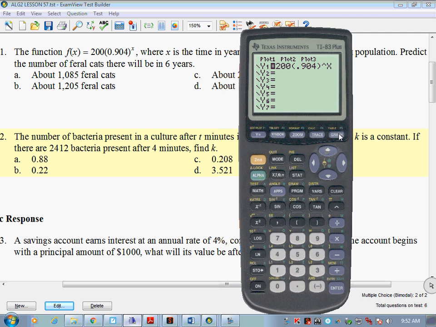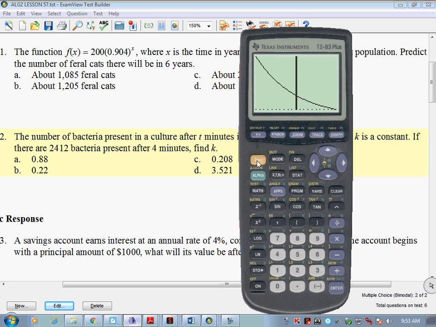And I can hit graph, but due to the size of it, it may not actually show up. Let's see if I can change it to fit so we can actually see it. Sometimes this graphing calculator doesn't. There we go. There we're seeing our exponential decay.